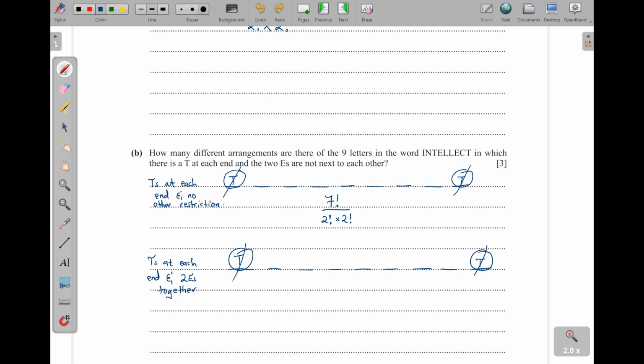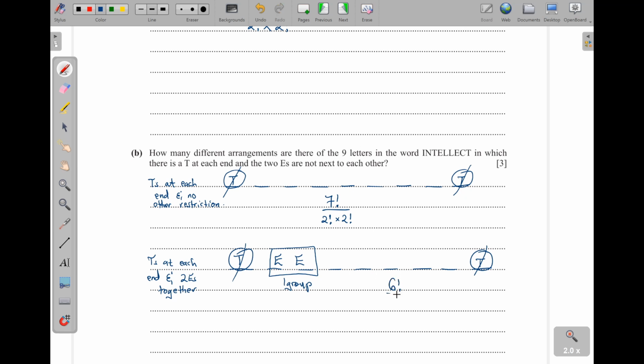So I can find when they are together, then after I just subtract, because when we are arranging them in here, they can be separate, okay? Or they can be together. You see that? So when the 2 E's are together, that one is going to give me one group. You see that? One group. So I will have 1, then 2, 3, 4, 5, 6. Okay, so that will give me 6 factorial.